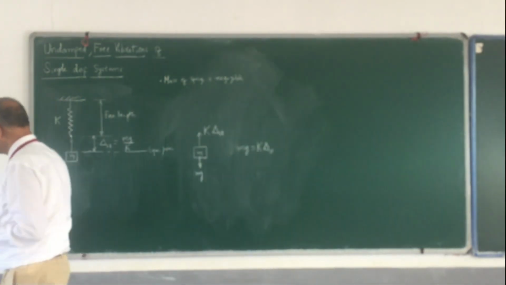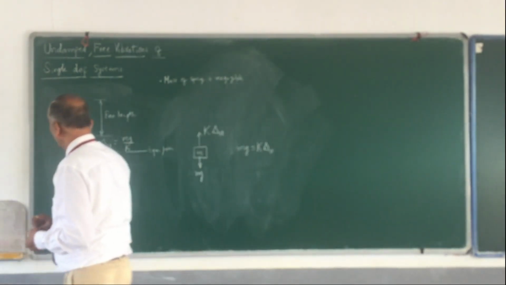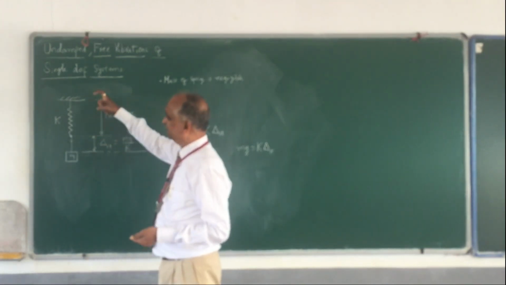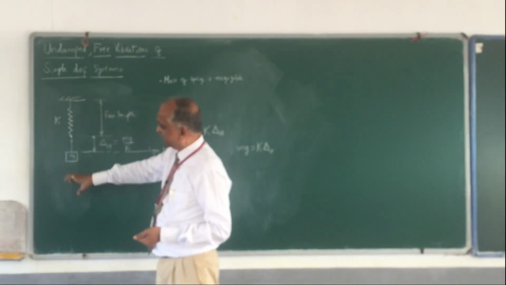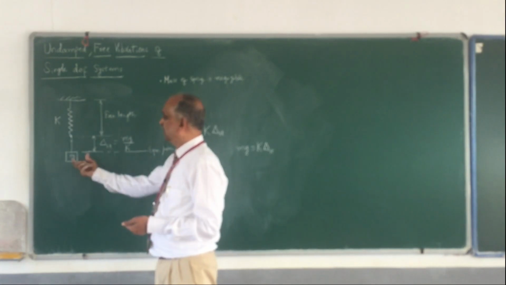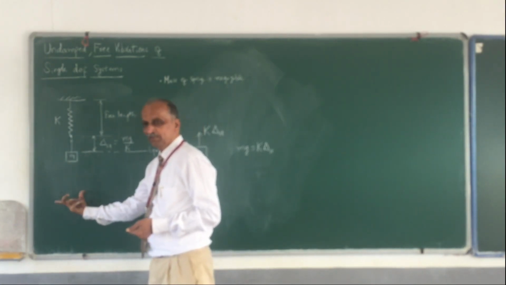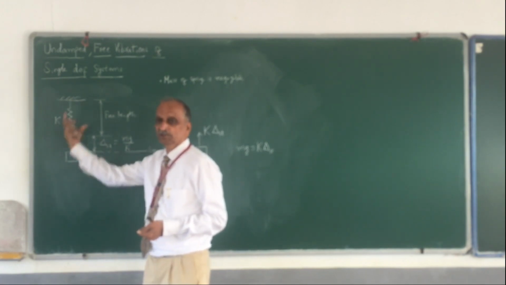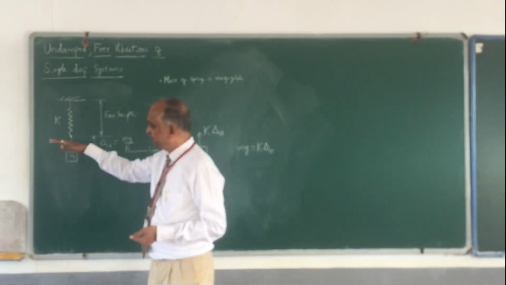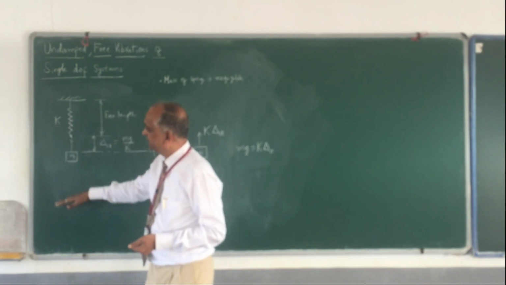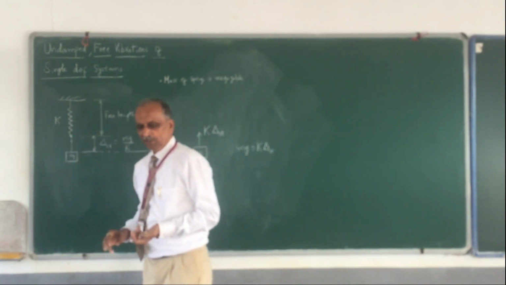Now I introduce free vibrations. How do I introduce them? There are so many ways. I can take something and hit this mass and it is going to vibrate. Or I can take this mass, hold it, pull it and leave it, and it will continue to oscillate, maybe up to here and here, continuously.